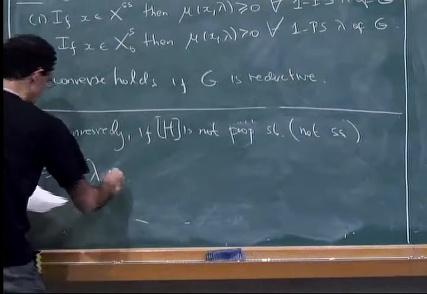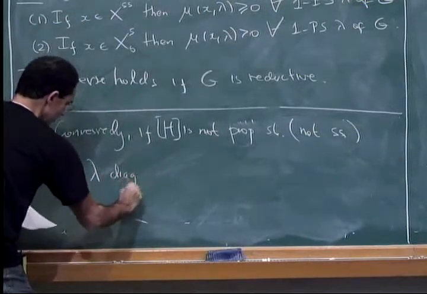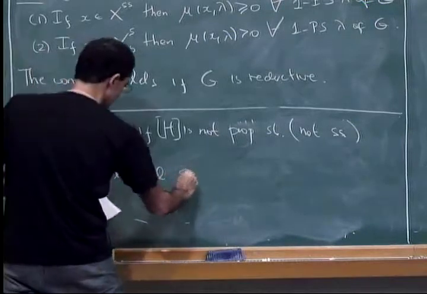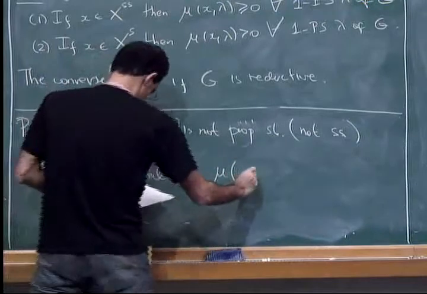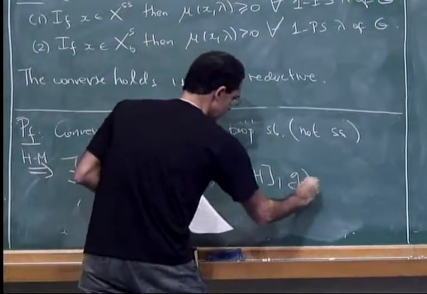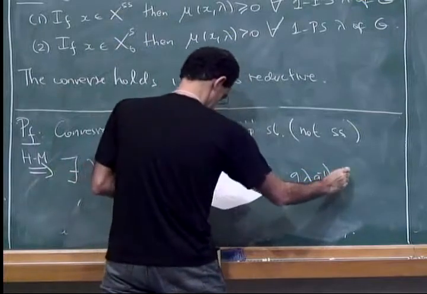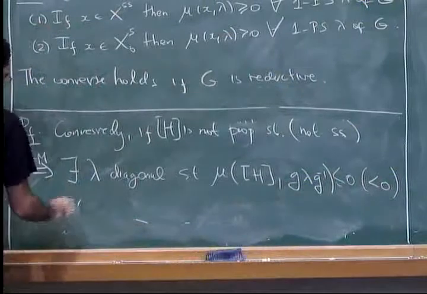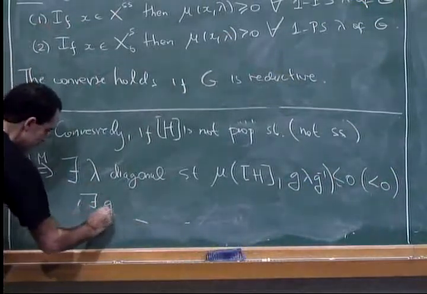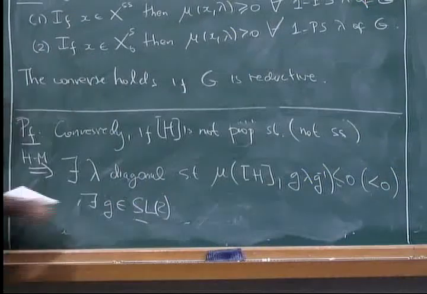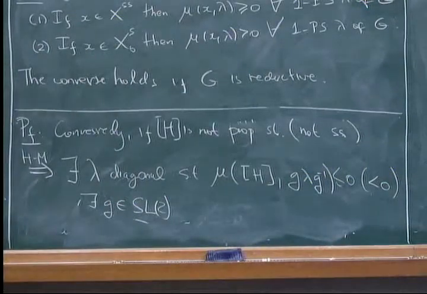Let me put it that way directly. Diagonal, so of the form that I put in here, such that mu of h, g lambda g inverse is less or equal than 0, or respectively less than 0. So now there is a lambda diagonal and there is a g in SL2, the conjugate, such that this happens.